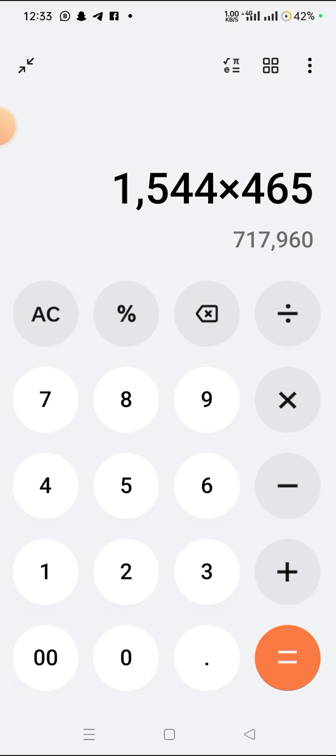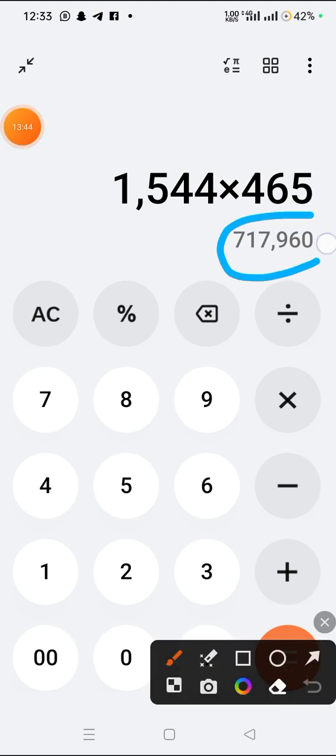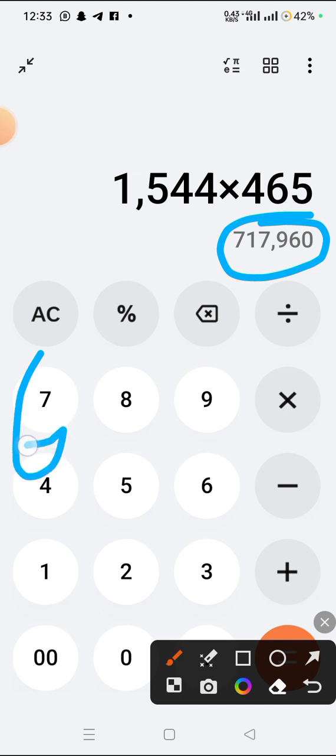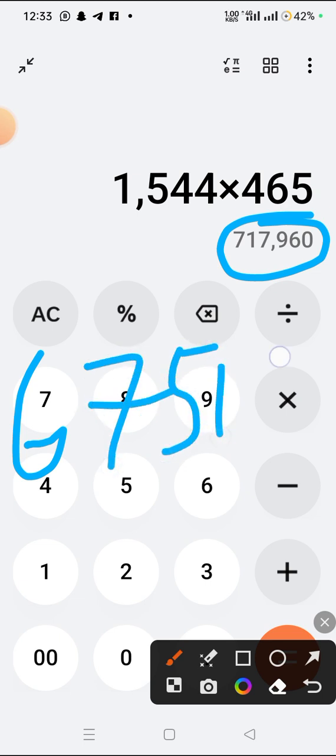You can see that we are going to make 717,960. And remember, we bought the USDT at the rate of 675,180.